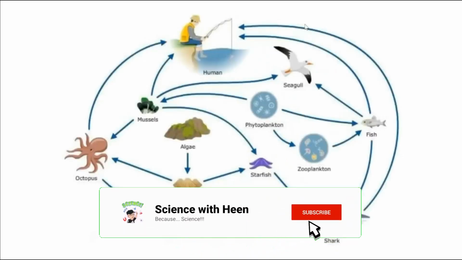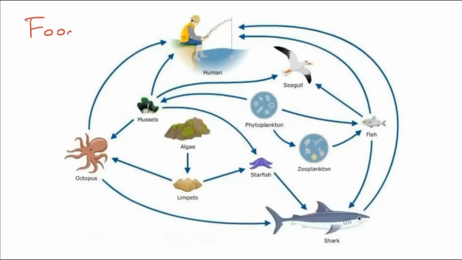So a food web, this is what we're looking at now. I'll just scribble sometimes on the screen where I have something to scribble. A food web is essentially lots and lots of food chains put together. Not just food chains sitting next to each other, but interlinked. So we could pull out any food chain we want from here. Let's start with phytoplankton. That's a good place to be for the first trophic level.